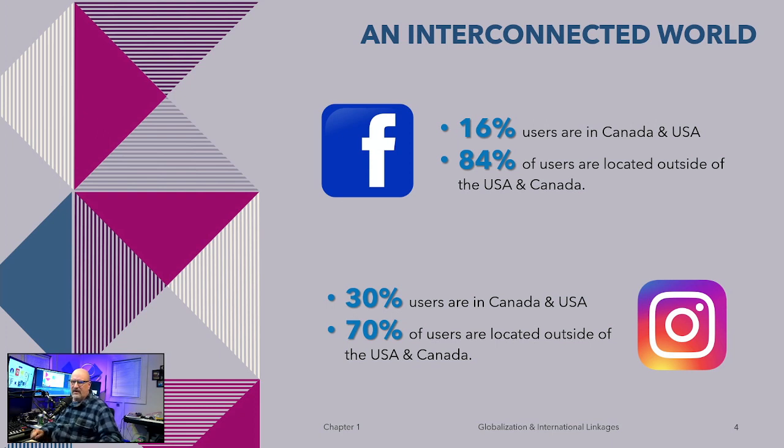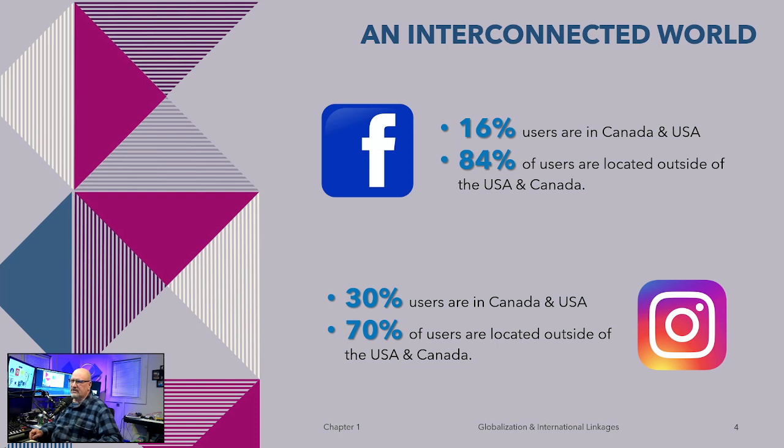In our interconnected world, social media is playing a huge part. The market value of social media applications like Facebook, Instagram, Snapchat, and TikTok is really yet to be determined. But one thing we do know, folks, is that we live in a world that's interconnected by social media.